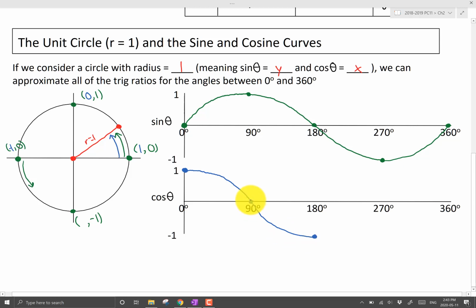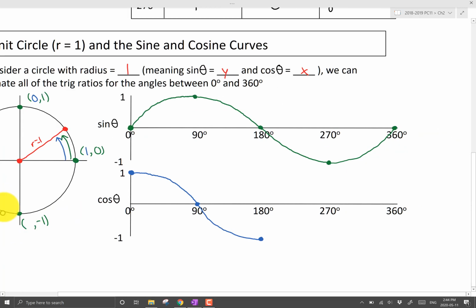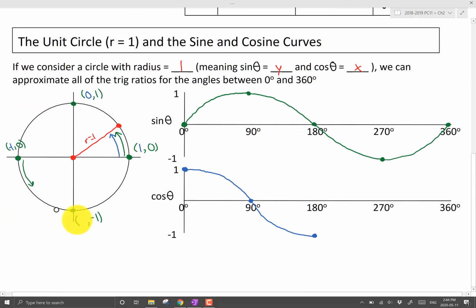Then what happens to the x-coordinate as we approach 270 is that it goes from -1 and starts increasing to 0 at 270. So this would happen here. And then as it goes back up to 360 degrees, you would notice that the x-coordinate gets larger until it hits a maximum of 1.